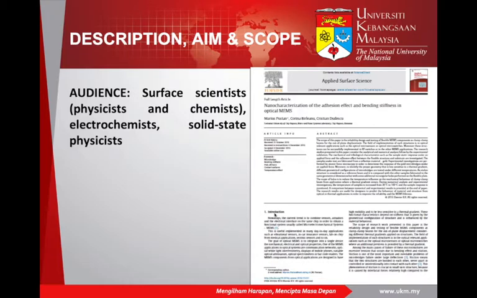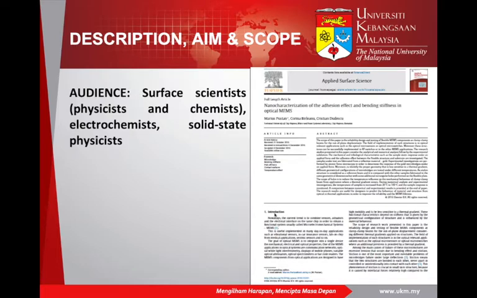Okay, for Applied Surface Science, the audiences usually come from a physics and chemistry background. So we can have surface scientists who might be interested to read your work, i.e. the physicist and chemist, electrochemist, or solid state physicist, right?